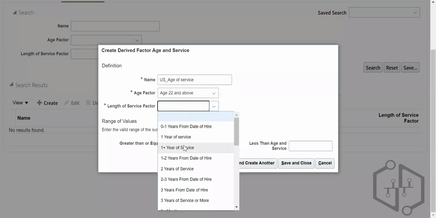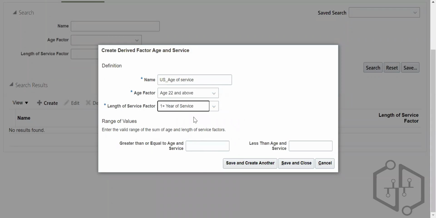Length of service. Greater than or equal to age and service 4 and less than age and service 3. No, again you are reversing. Again you write.